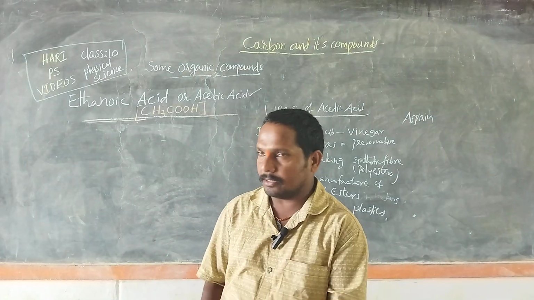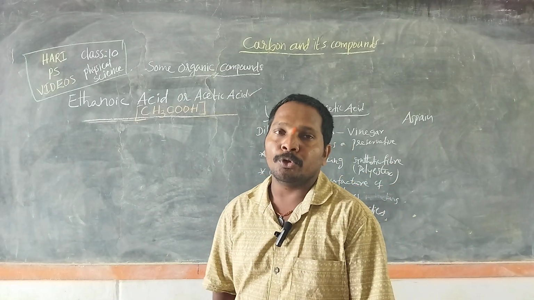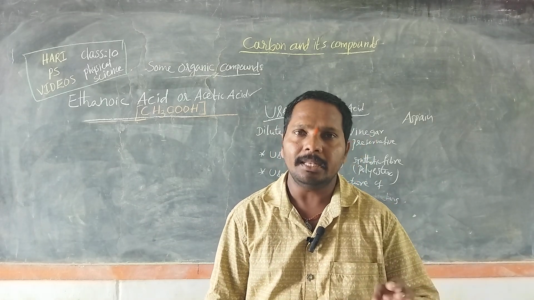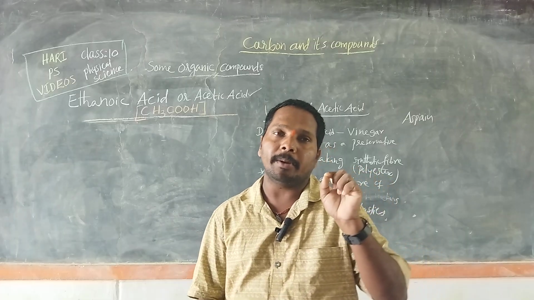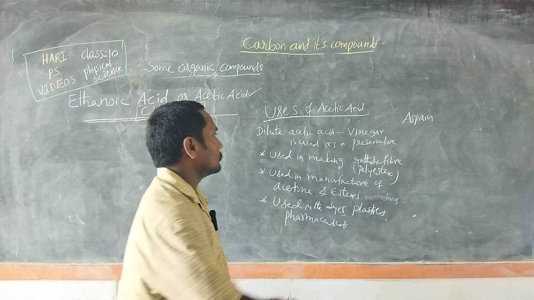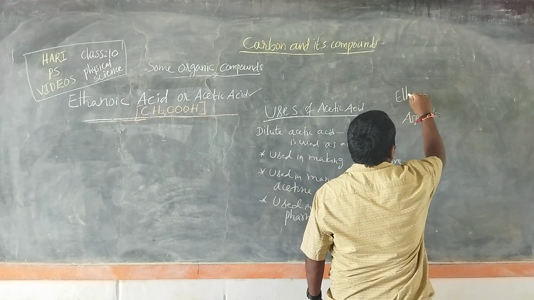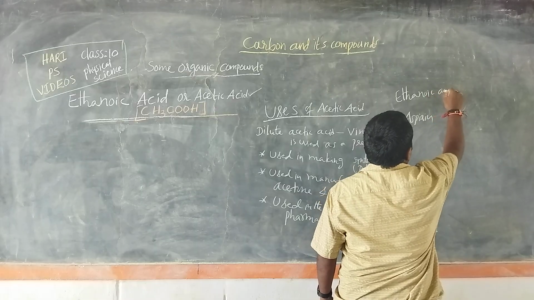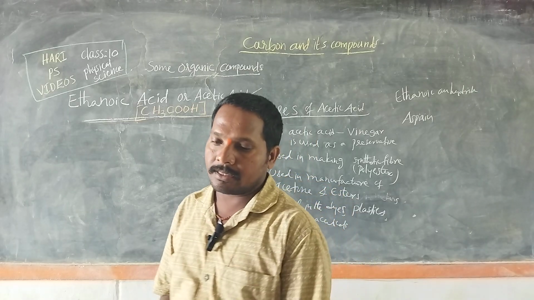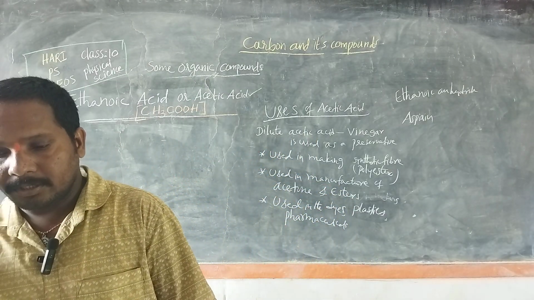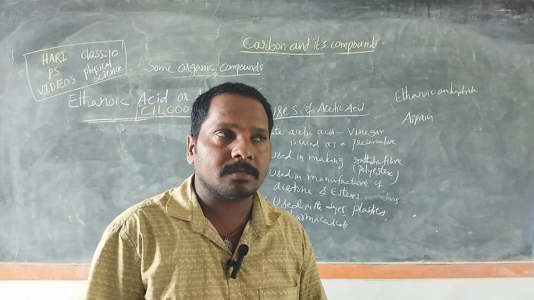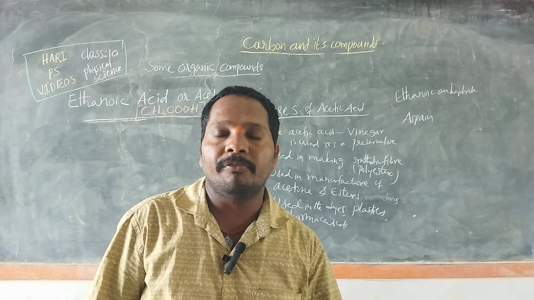In case of pains or fever, we use a kind of medicine called aspirin. Aspirin is made from ethanoic anhydride. Ethanoic anhydride, the ethanoic acid anhydride, is used in the manufacture of aspirin, which is used in making drugs to relieve pain and fever.